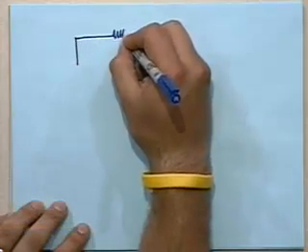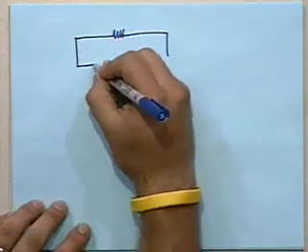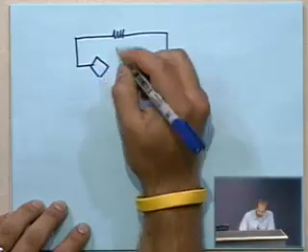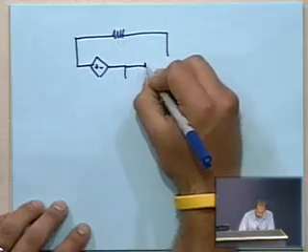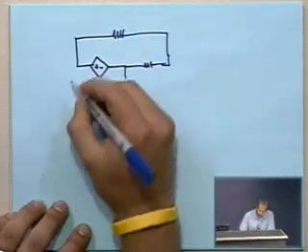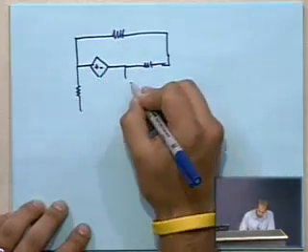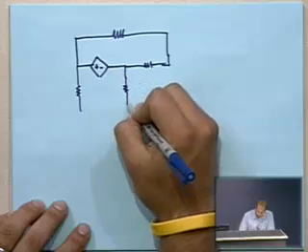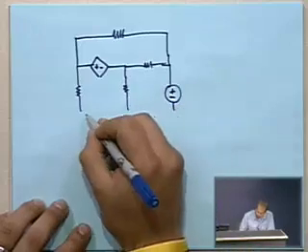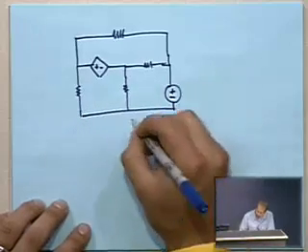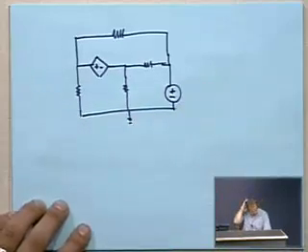Circuit, here we go. 6 kilo ohm resistor, dependent voltage source, inconveniently located. Resistor, resistor, independent source. This one's conveniently located because we can declare that to be the reference node.